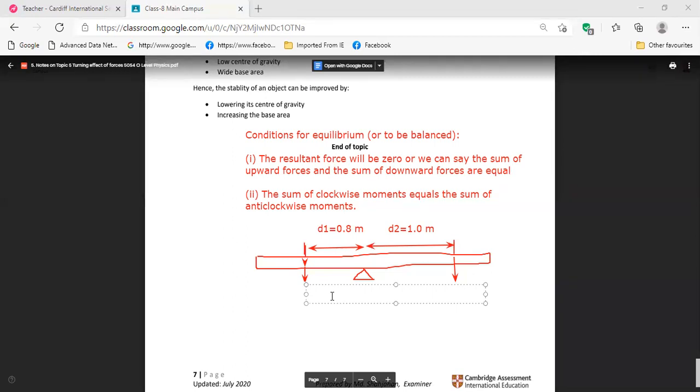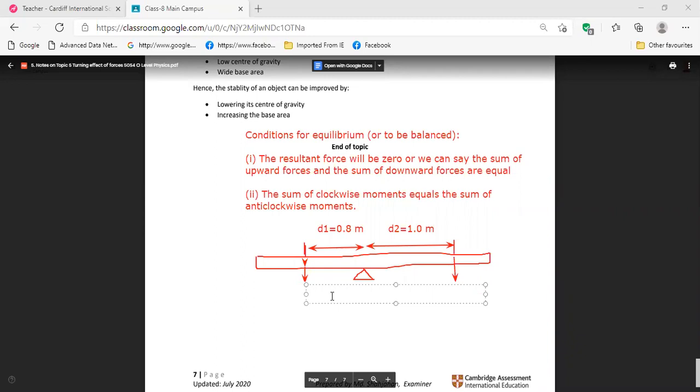Sir, can I ask a question? It is out of topic actually. In physics, why do people give answers like 1.0 meter? Very good question. Like 1.0 meter, we give the answer in the nearest centimeter.